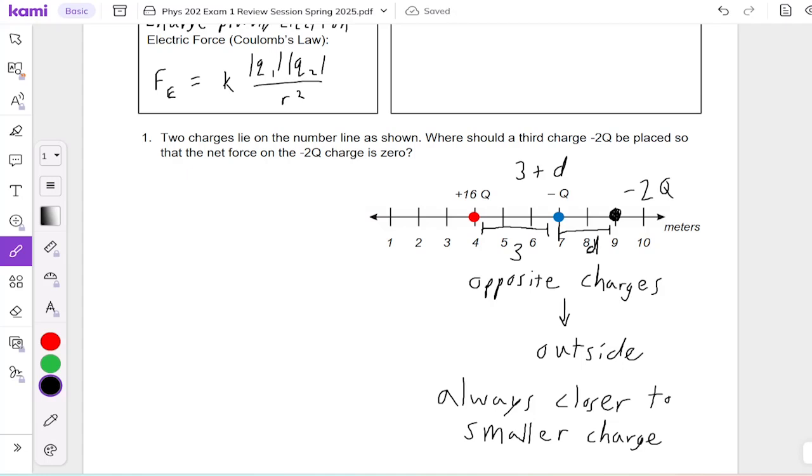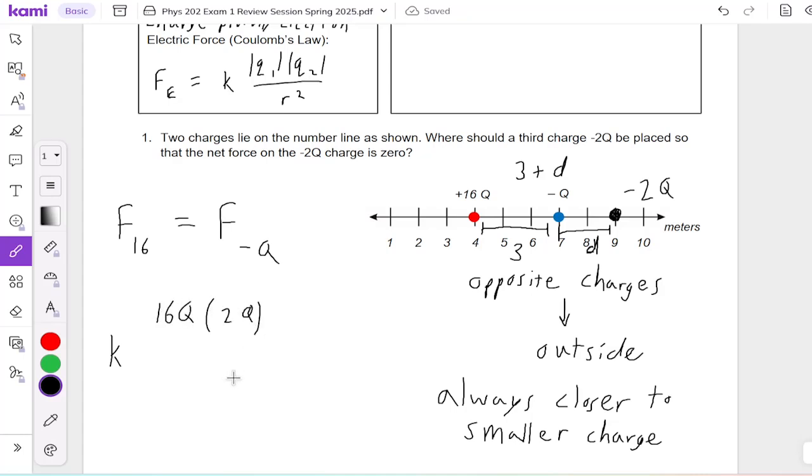So anyways, we have to set the net force equal to 0. What that means is the force on the 16 has to equal the force on the negative q. And I'm going to use Coulomb's law twice. For the 16, K, Q1, Q2. So Q1 is 16Q. Q2 is negative 2Q.